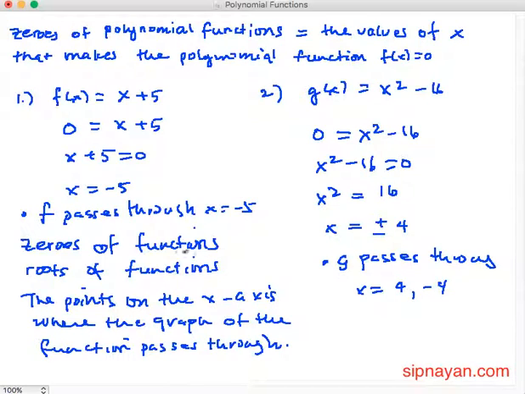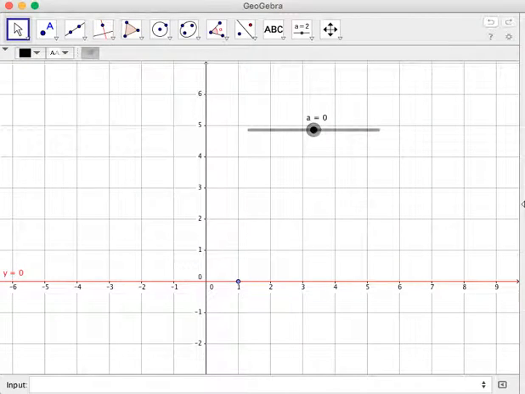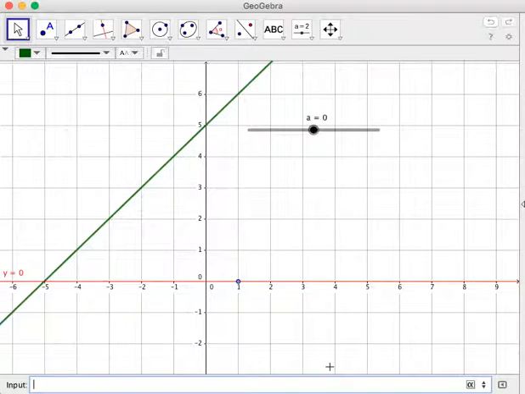Kung gusto nyo, tignan natin yung graph. F of x equals x plus 5. Pwede natin tignan kung nagpa-pass through nga siya sa x equals negative 5. Okay, so nakikita nyo, dito yung x-axis natin, and this is x equals negative 5. And yung isa nating function is g of x equals x squared minus 16.